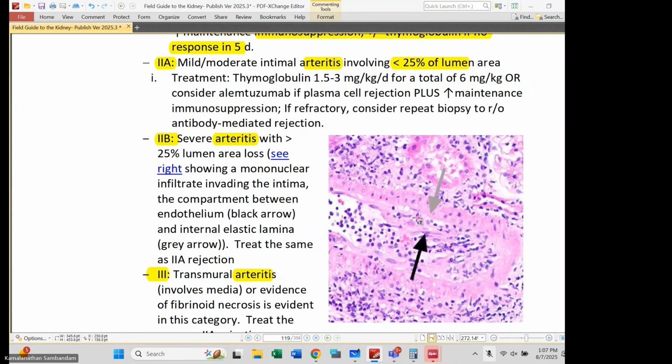So I have more than 25% of my lumen being lost. This would be a 2B rejection. If I have less than 25%, it's a 2A. Usually when you have arteritis, that's bad. We're pulling out thymo up front.